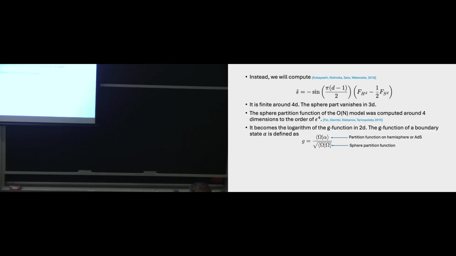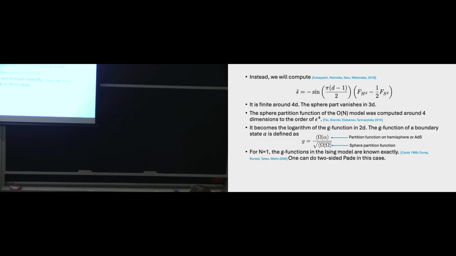So omega is the vacuum state, and you see the numerator can be identified as the partition function on the hemisphere or AdS with the boundary condition specified by alpha, and here the denominator is just the sphere partition function, and the square root gives the 1/2 if we take a log.